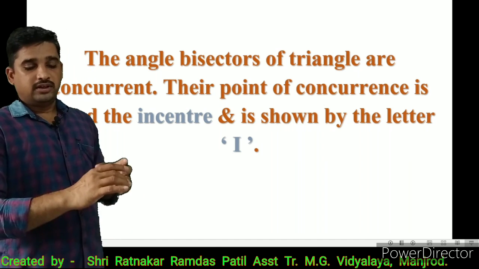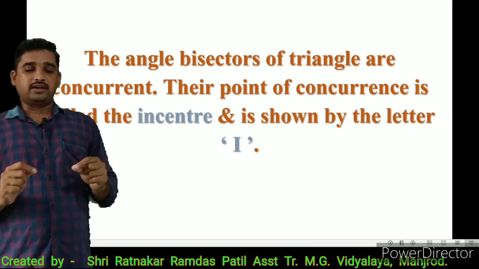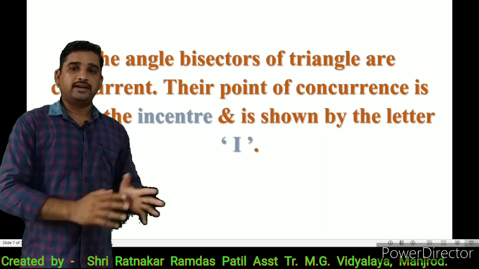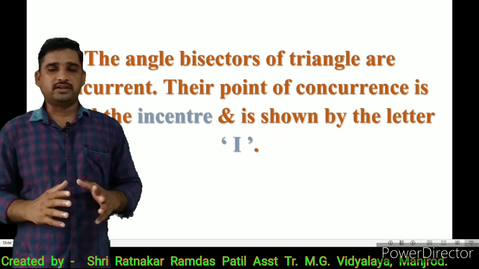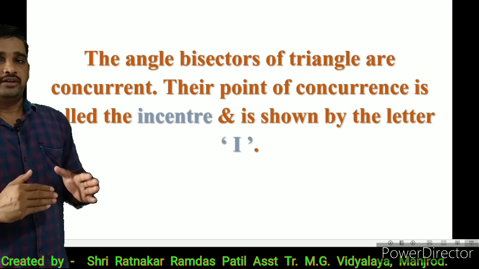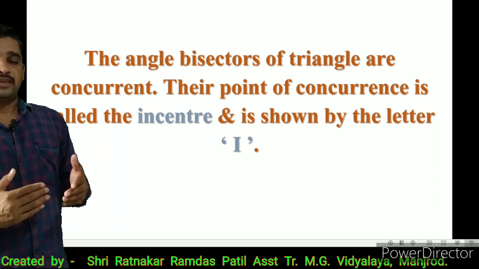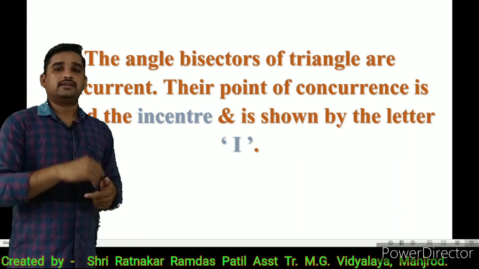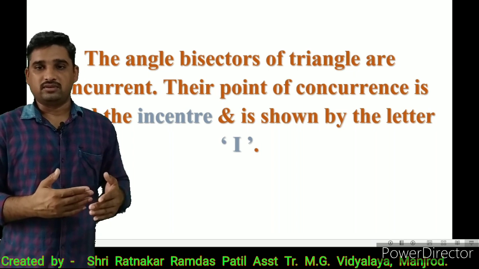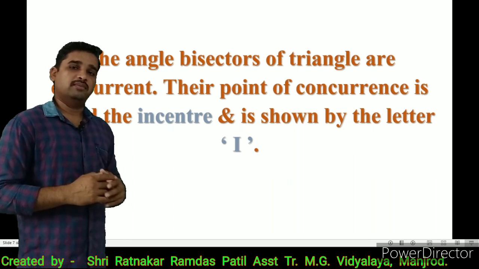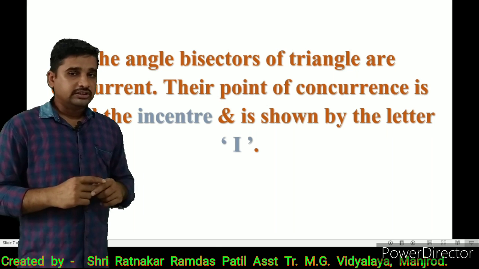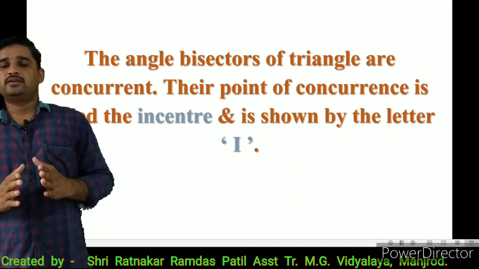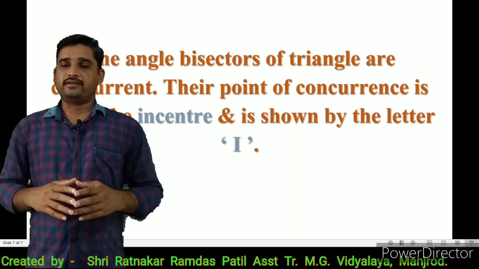In this way we learn the property that the angle bisectors of a triangle are concurrent, whether the triangle is an acute angle, right angle or obtuse angle triangle, and their point of concurrence also lies in the interior of the triangle. It is called the incenter and is denoted by the letter I. In this way students will learn the property of angle bisectors of a triangle.